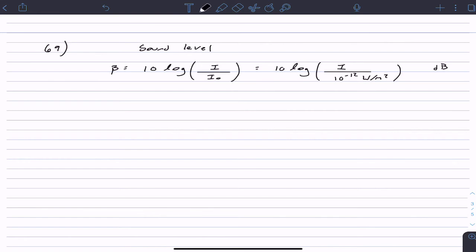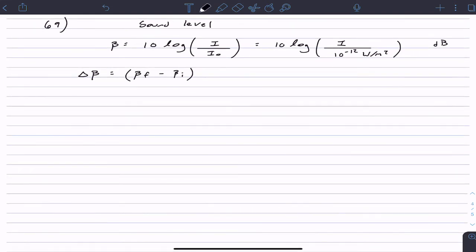So we're looking for a change. What is the change in the sound level? What we're looking for is going to be delta beta, so that's beta final minus beta initial. That's a pretty good start. And now we're looking for a 1% increase. Typically when we look at percentage differences, we go something like this, and then we multiply it times 100 and we get a percent.